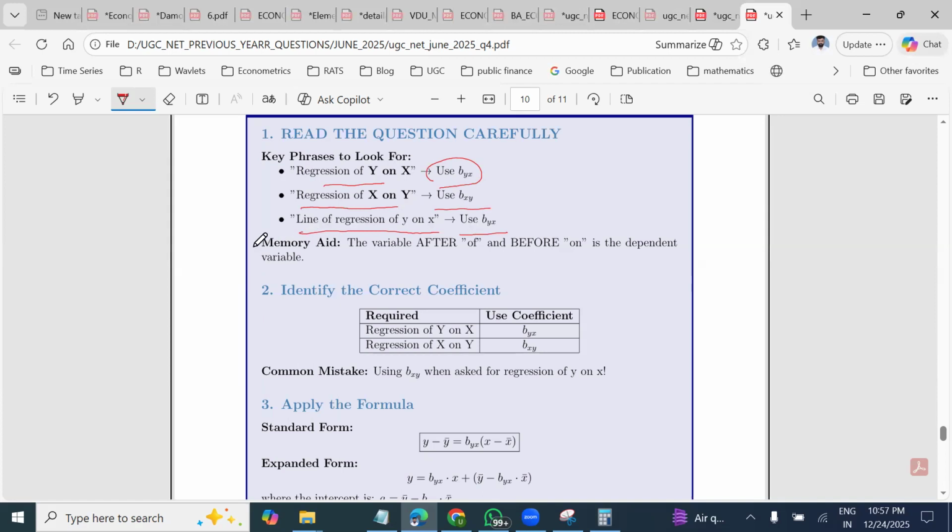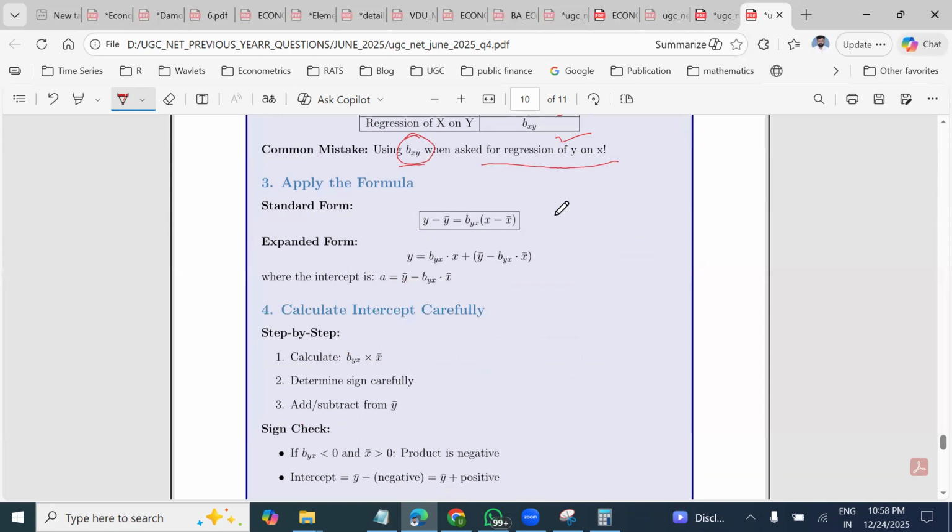So how you can memorize this: the variable after "of" and before "on" is the dependent variable. And how you can identify the correct coefficient: regression of y on x, byx; regression of x on y, bxy. A common mistake is this: when asked to estimate using the regression of y on x, you have used bxy.